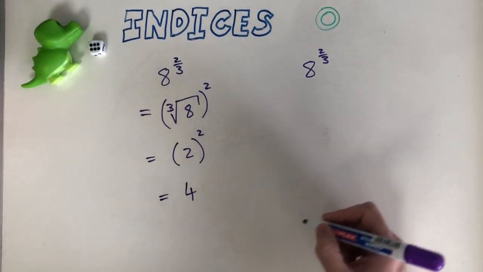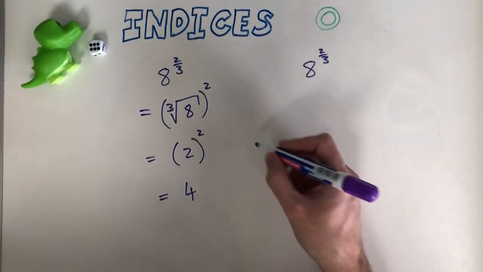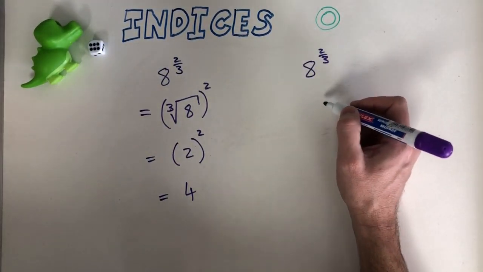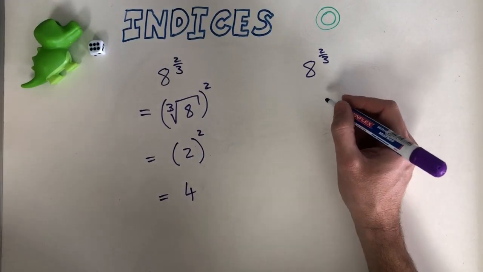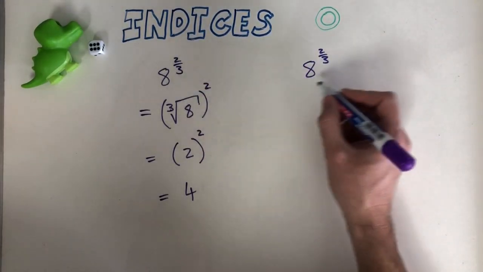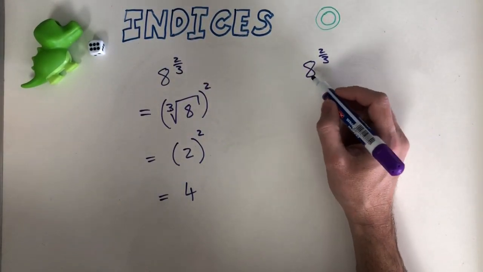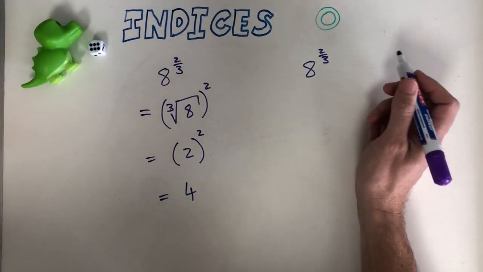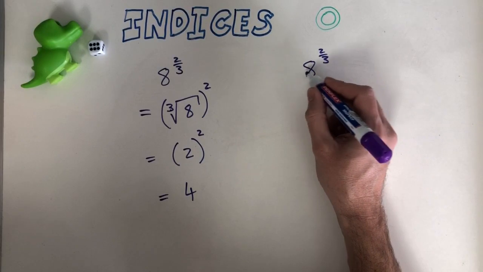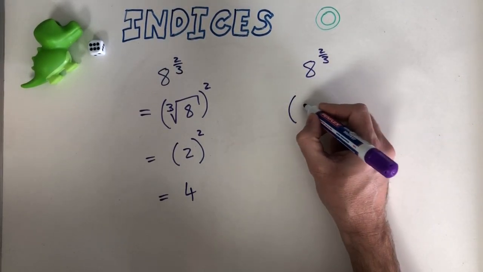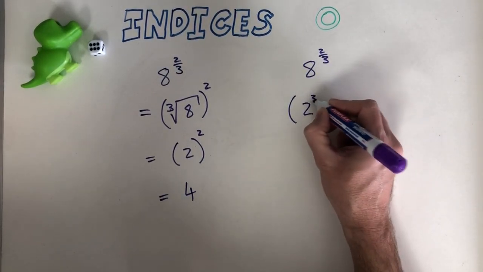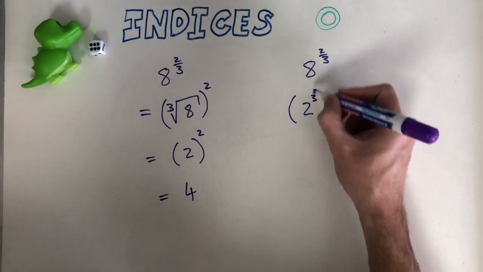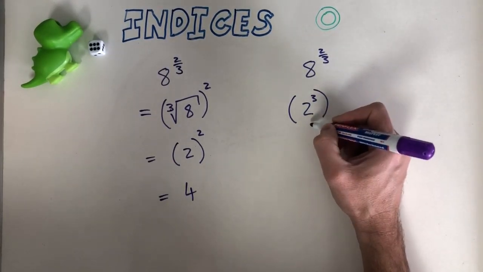But another way of looking at it, and usually this way you'd have to use your calculator less. Usually in these kinds of problems you see normal numbers repeating, like 8, 27, 64, etc. So if I see an 8, I immediately think 8 is 2 to the power of 3. So that 8 and this 2 to the power of 3 is the same thing.